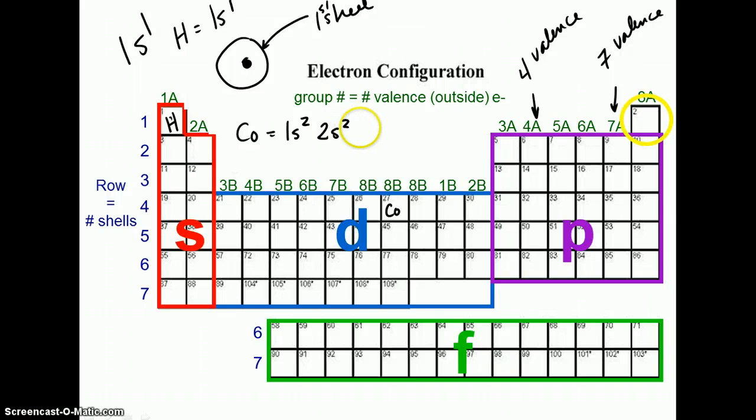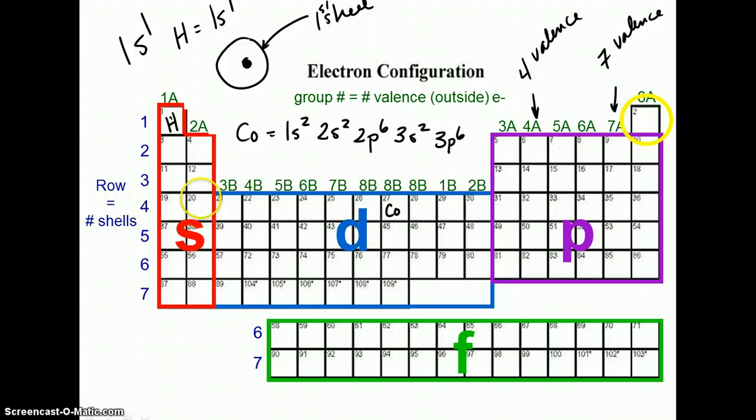Then we have 2p6, goes all the way across, 1, 2, 3, 4, 5, 6. It's the second shell. The p is the subshell, and we have 6 electrons in there. Then we have 3s2, because we're moving across here. Then it goes 3p6.